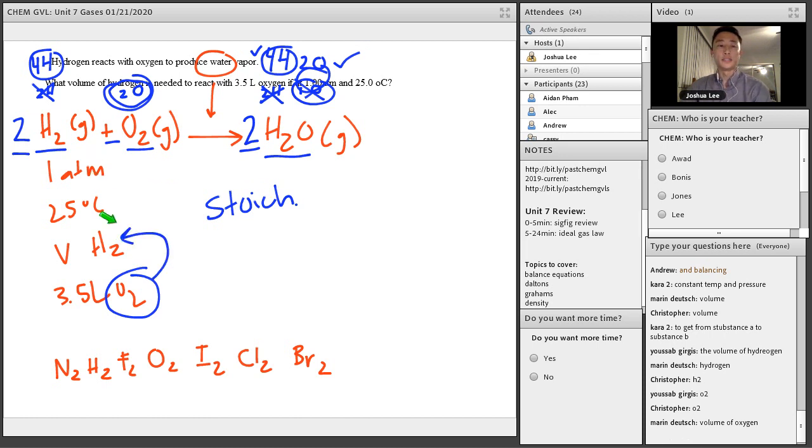Since the reaction is taking place at 1 atmosphere, 25 degrees Celsius, we're not really changing the temperature or pressure. So you could say, hey, we're keeping this constant. If we keep that constant, instead of looking at the coefficients as a mole ratio, we could look at them as volume ratio.